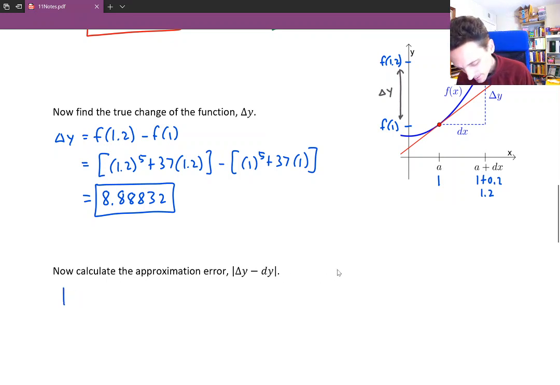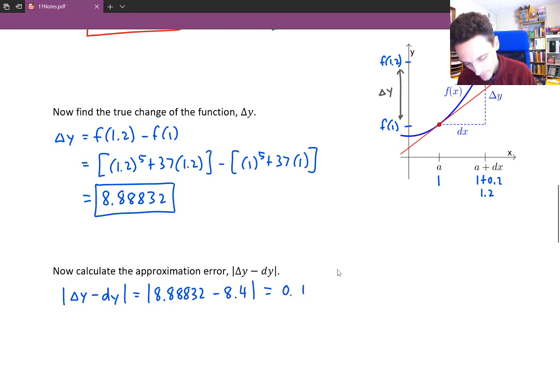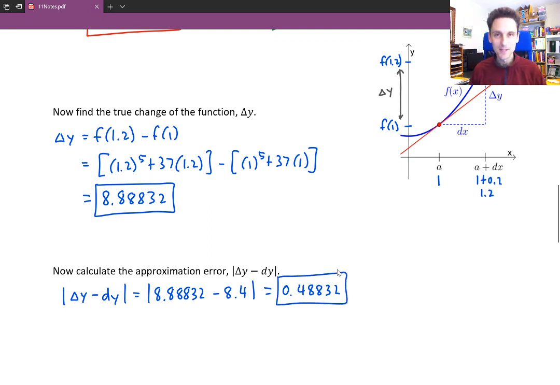Well, to get that, we will take delta y minus dy. So it's 8.88832 minus 8.4, and we get 0.48832. Kind of said out loud what the next part was going to be. Oops. That was a spoiler, I guess.